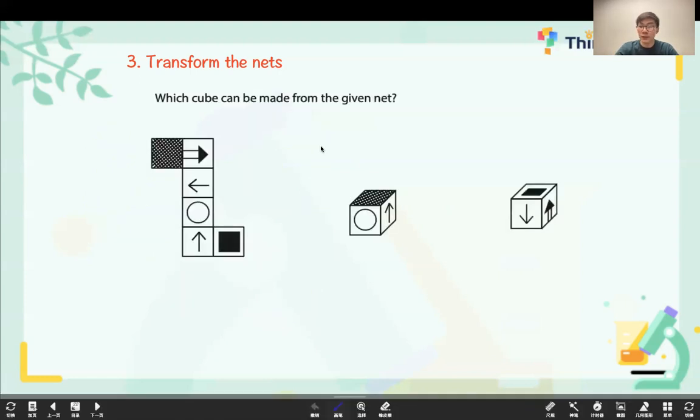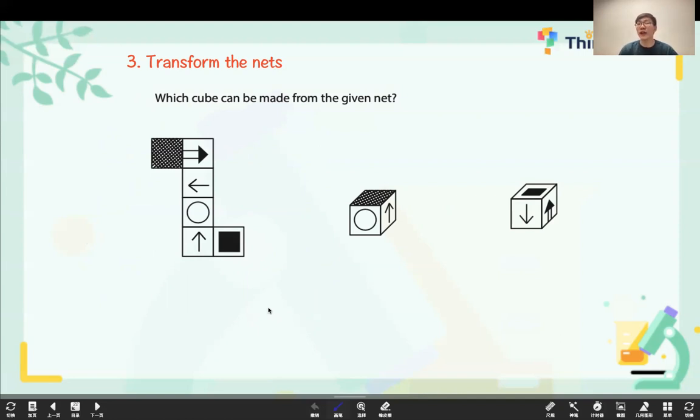So let's put this into practice then. Which cube can be made from the given net? In a question like this, I can go through step 1 and step 2 very quickly. I can see that in both of them, they're definitely not impossible because all the faces appear on the net, and also that there are no opposite faces which are touching.